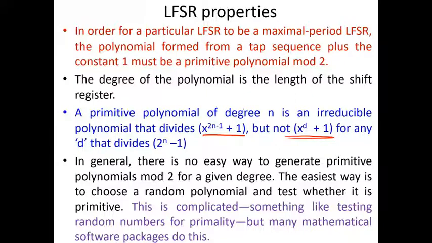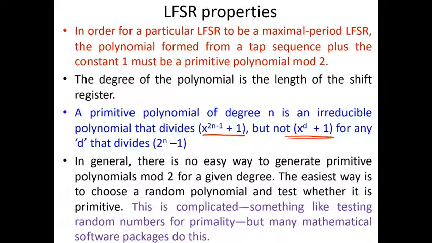If I take a polynomial of degree n and it is irreducible, it should divide this, but it should not divide x^d plus 1 where d divides this. This is a condition which should be satisfied.